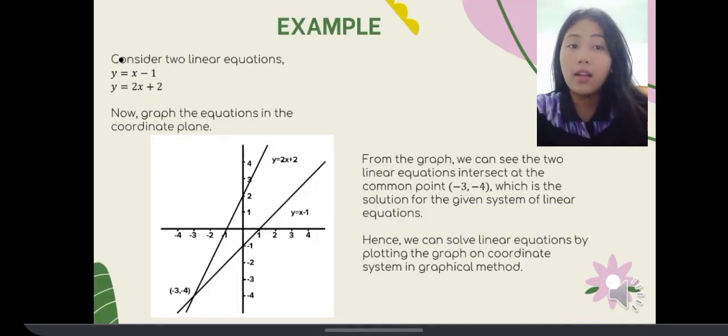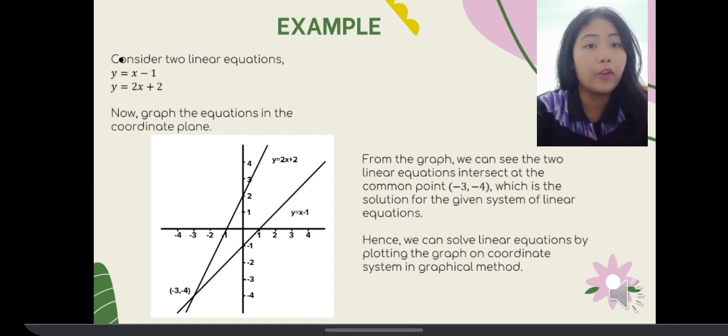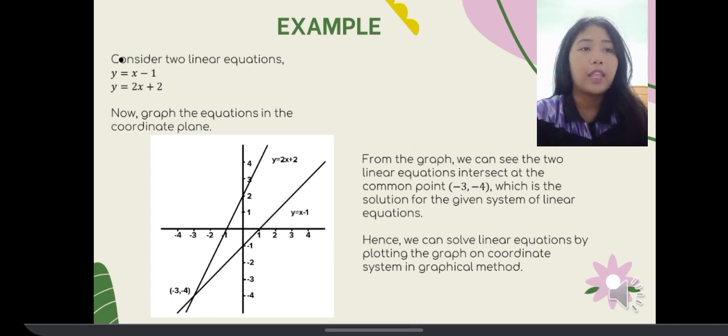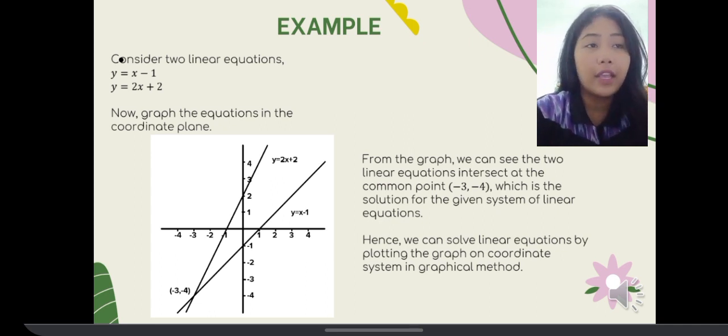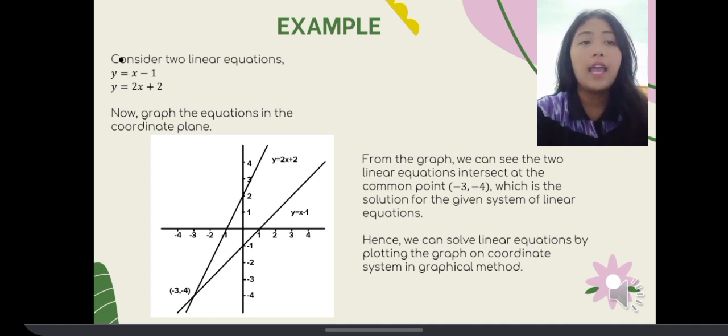I have one example of a linear equation system which we will solve with the graphical method. Consider two linear equations: y equals x minus 1 and y equals 2x plus 2. Now graph the equations in the coordinate plane.